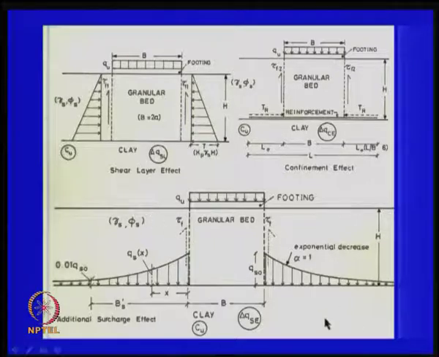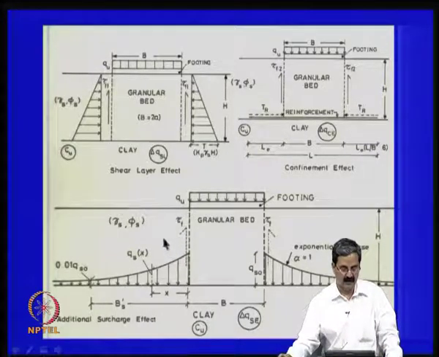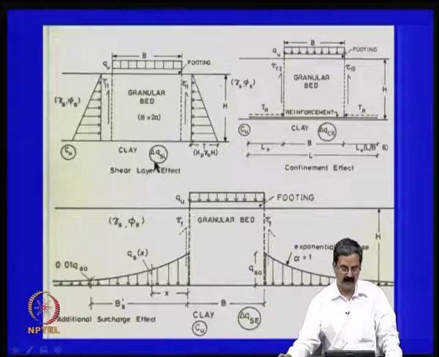You place a reinforcement, it is not just about its confinement effect, the additional surcharge effect is also there, like there is a load applied on that, and it is valid up to, for example, if the length of the reinforcement is say for PS, it goes up to 0.01 of the shear stress distribution, okay. So, these 3 things are very important, and if you are able to compute all 3, then bearing capacity improvement is possible even in the case of soft soil.